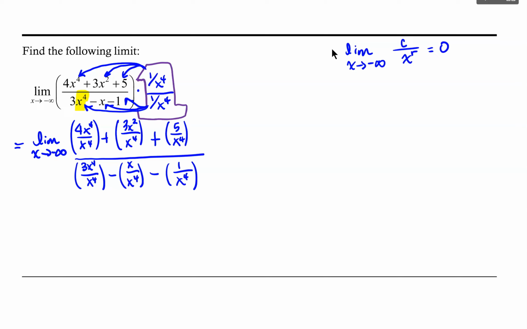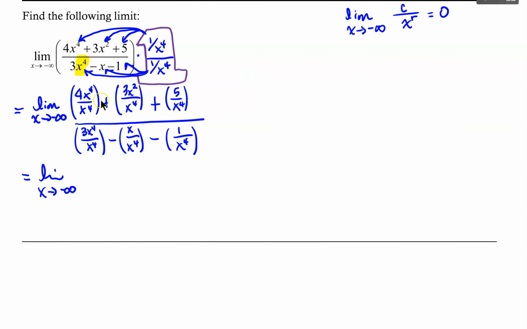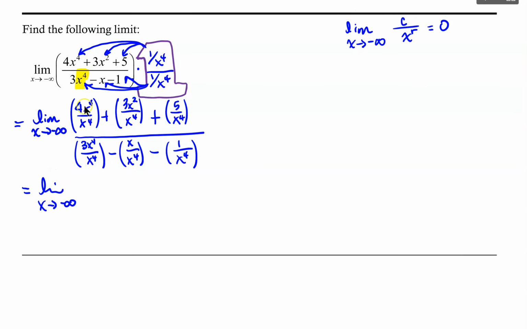Now, let's go ahead and simplify some of these. So limit as x approaches negative infinity. Let's start with 4x to the 4th over x to the 4th. The x to the 4ths will simplify and leave me with a 4. Moving on, plus 3x squared over x to the 4th.